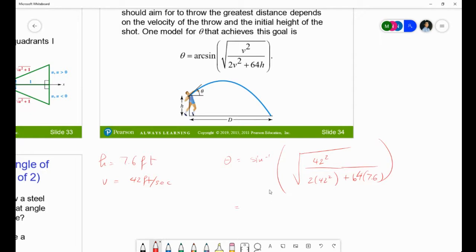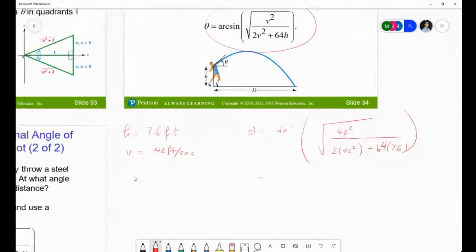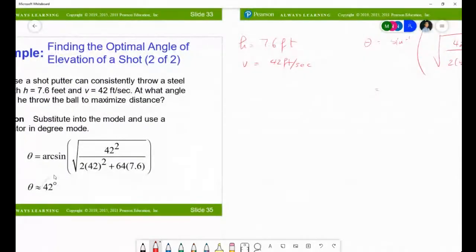So plug all that into your calculator. There's nothing really interesting here. You don't have to memorize this formula for the test because I won't ask you it. If I were to ask you this, I would give you this formula. So all the identities you should memorize, all the double angle, all of the Pythagorean identities. And the answer is about 42 degrees.